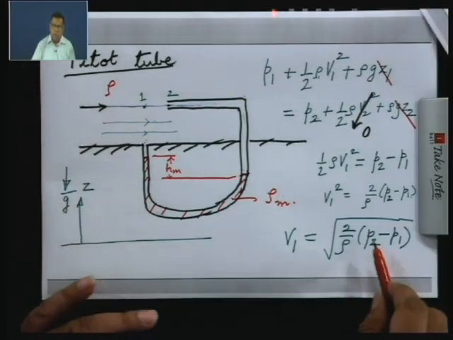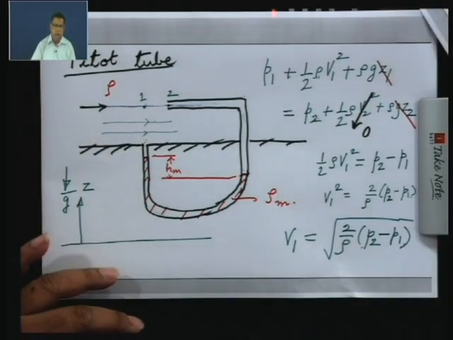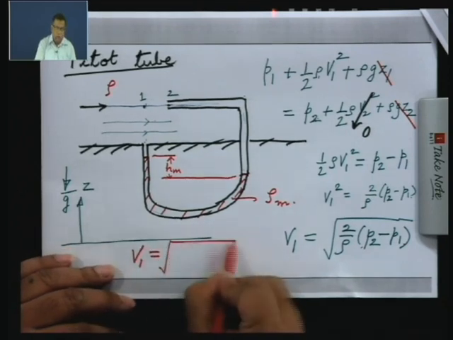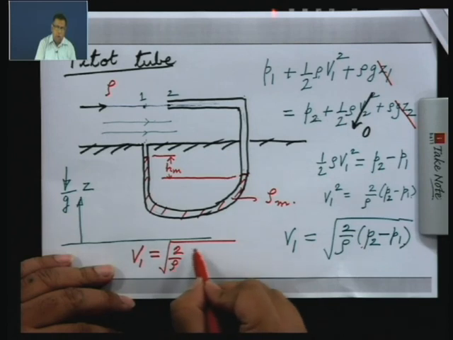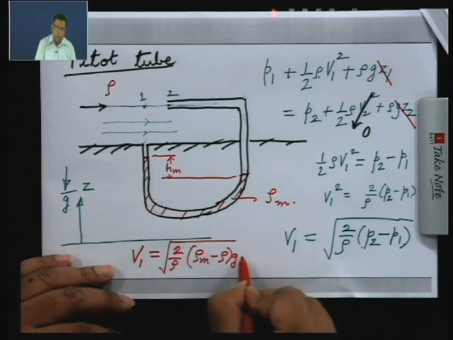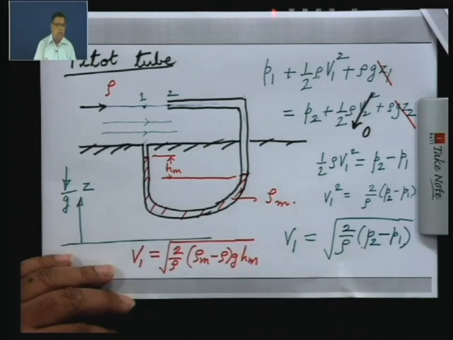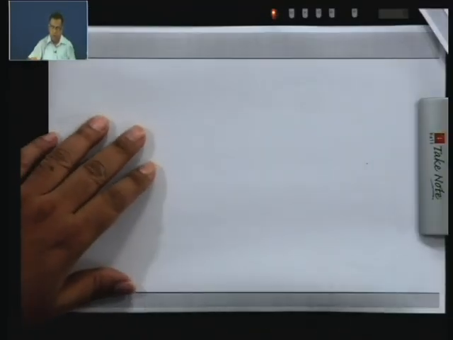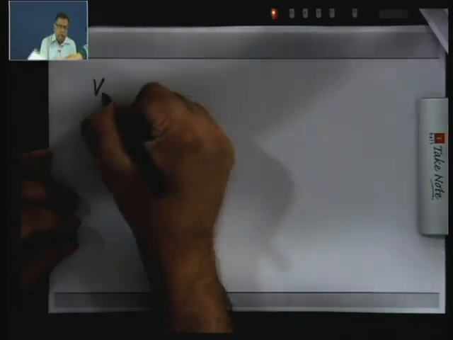So, now instead of P2 minus P1 here we can write the relation. So, V1 will be under root of 2 upon rho, and here you will have (rho m minus rho) g h m. So, we have got this expression finally.